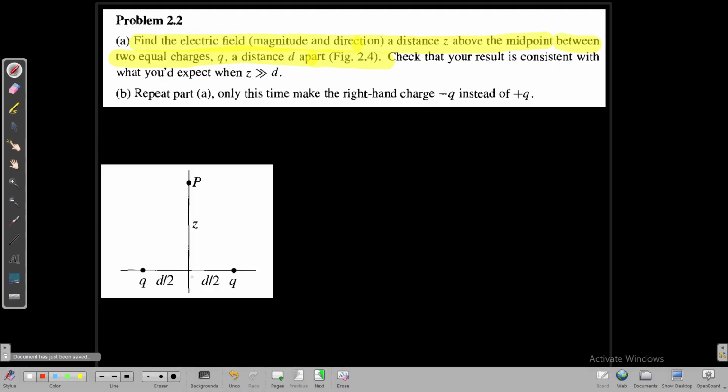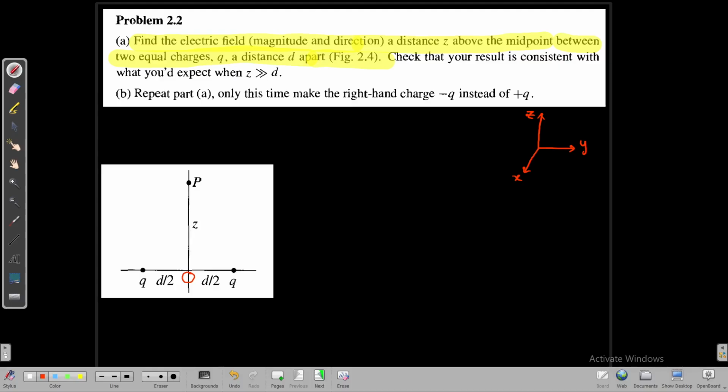Let's say this is the origin, O. I am assuming the coordinate system in this way, so this is x, y and z. As it is in 2D, the y-z coordinates will be the point of focus for our problem.